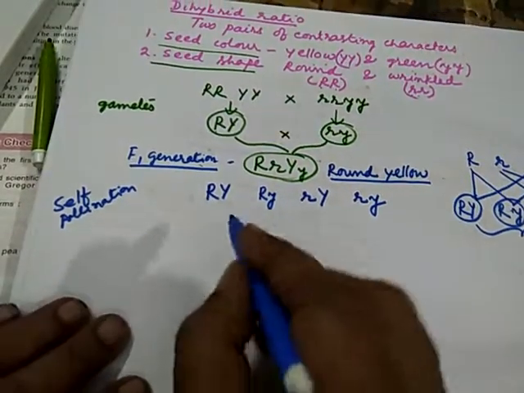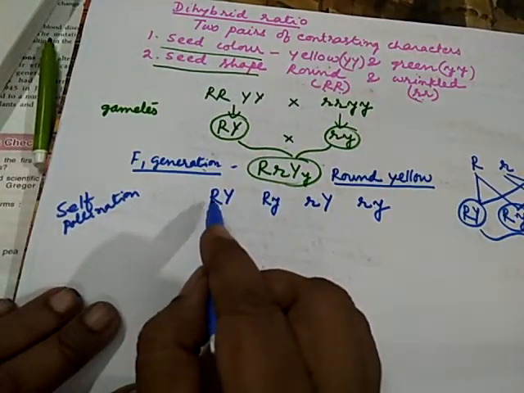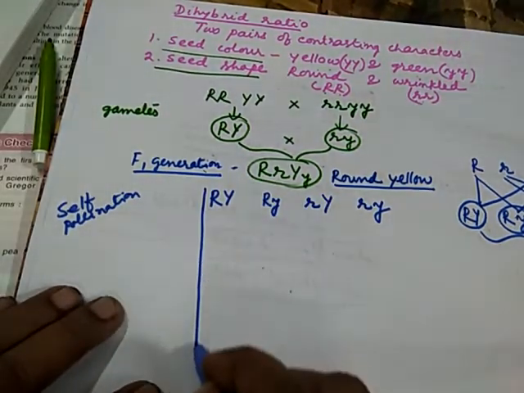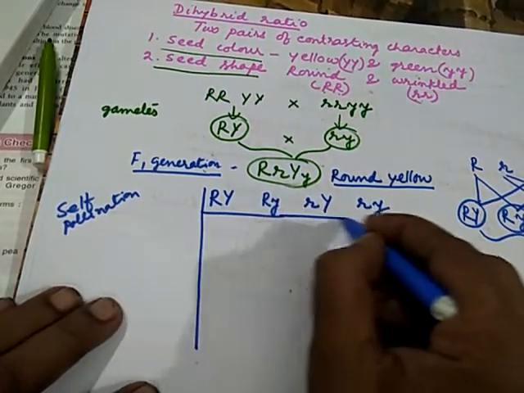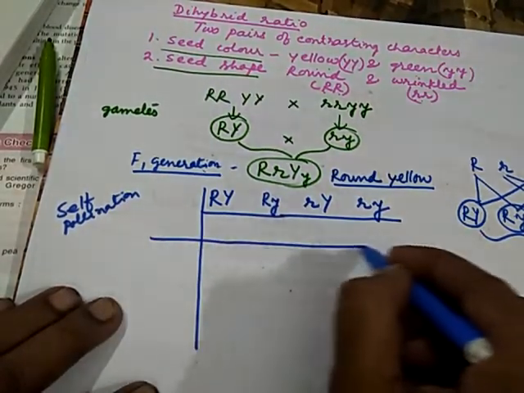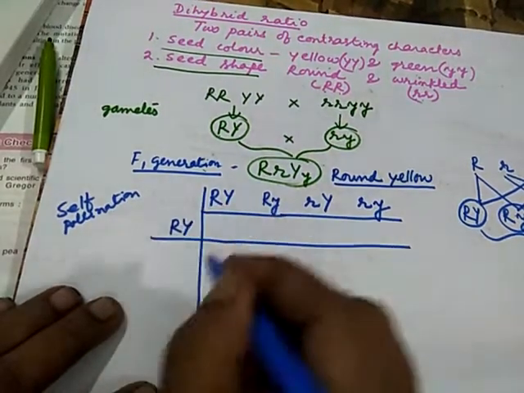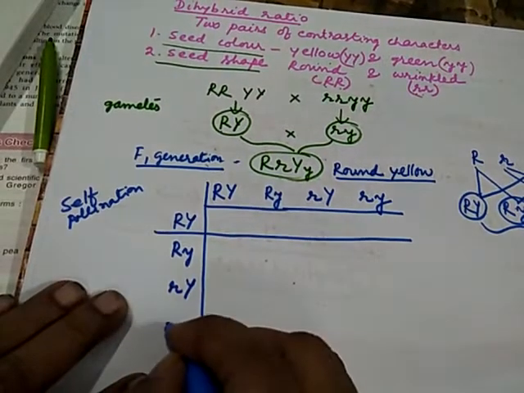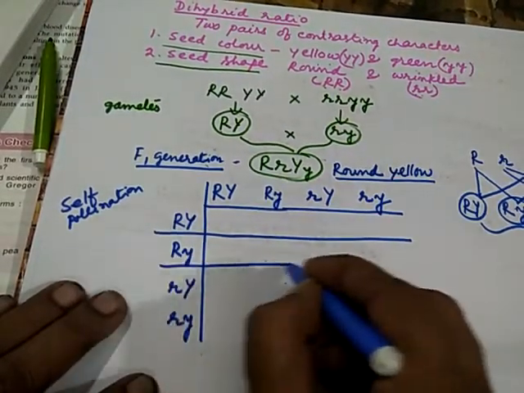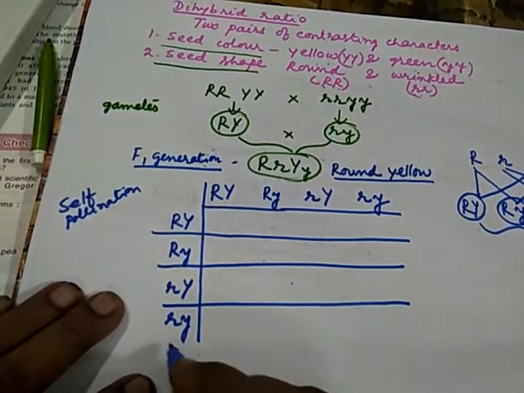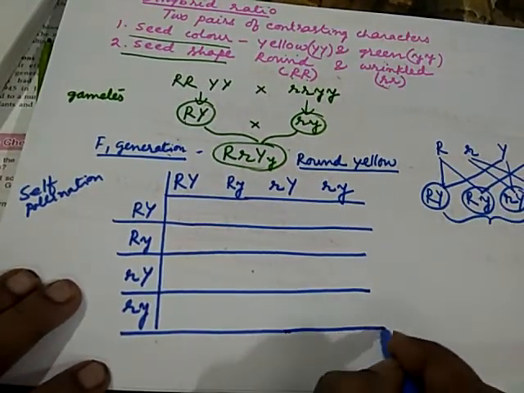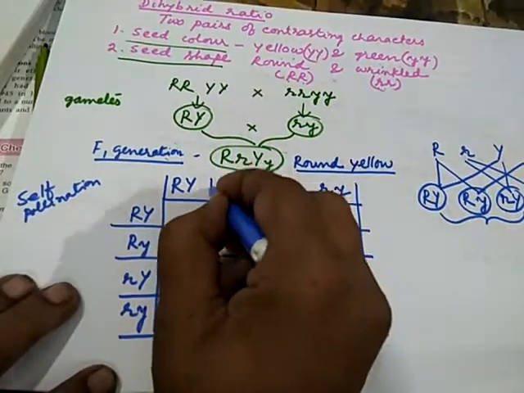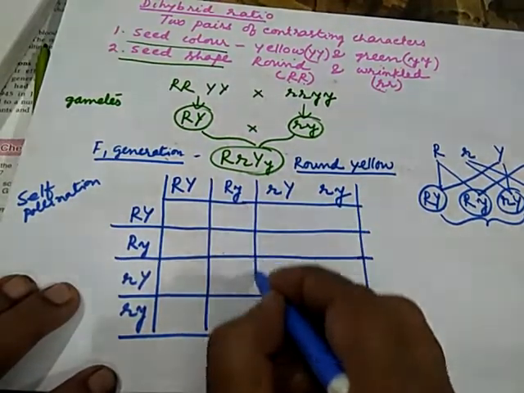All four gametes have both the characters, seed color and seed shape. So they will go for selfing, with the same characters. We will get 16 possible results, and we will see in which ratio they appear.